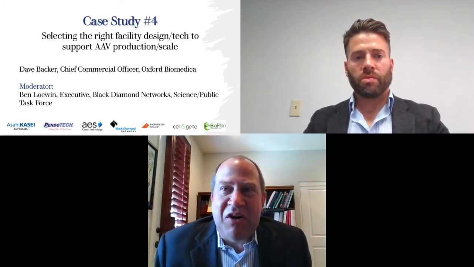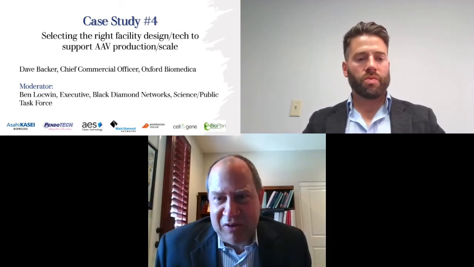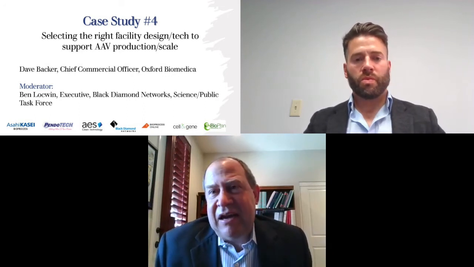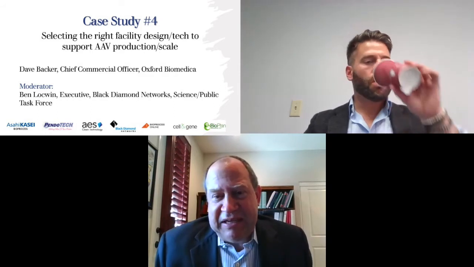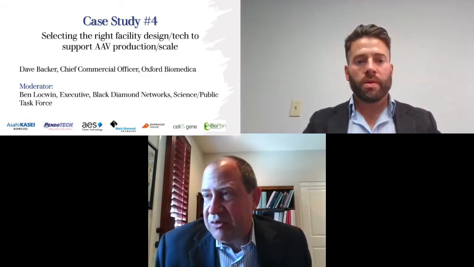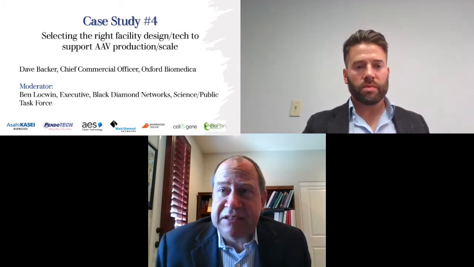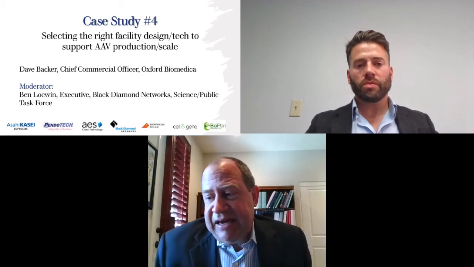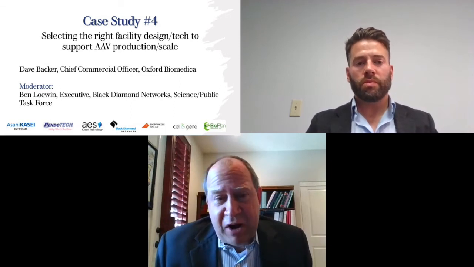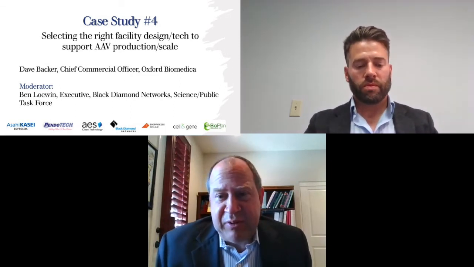So I was involved with a company at the very early stages, where it had just been funded via preclinical studies and was looking to enter into clinical trials in the next 18 to 24 months. It was a product called AAV, which is one of the viral vectors.